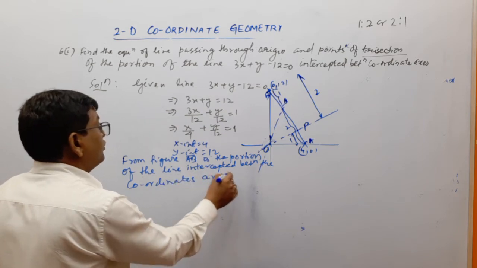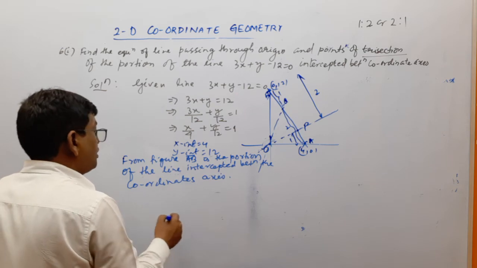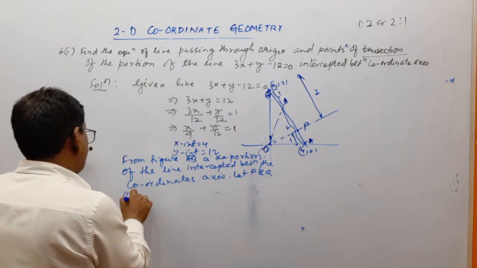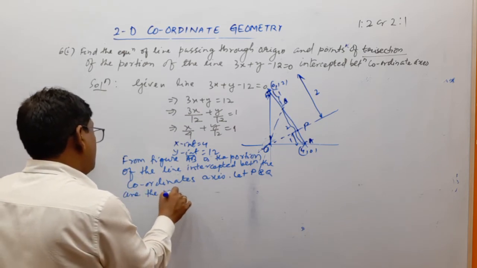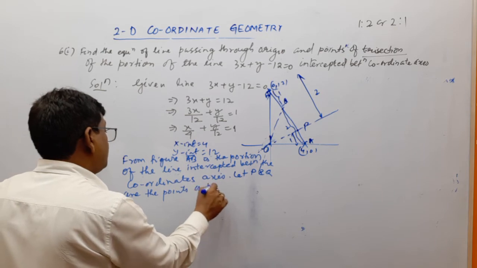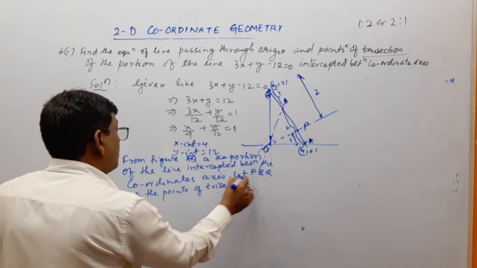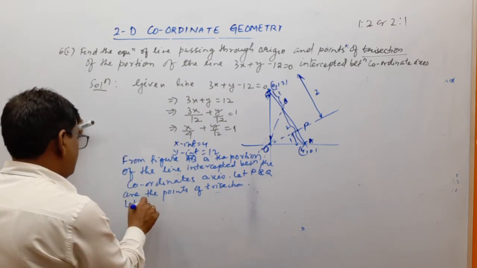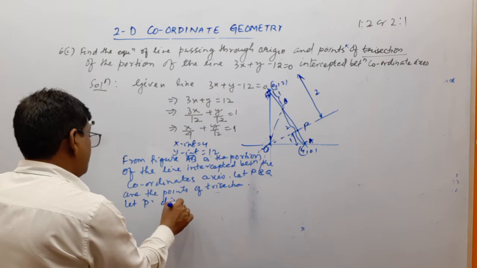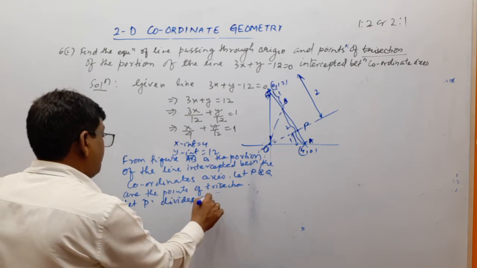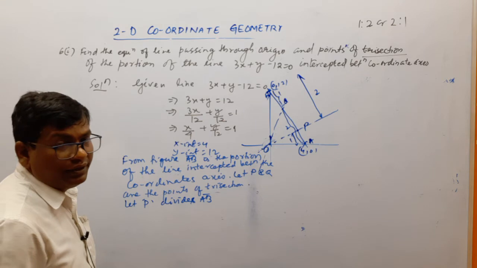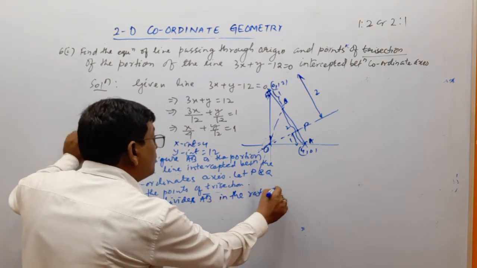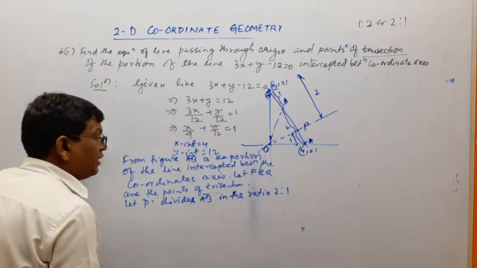Let P and Q be the points of trisection. Let P divide AB in the ratio 2:1 internally.